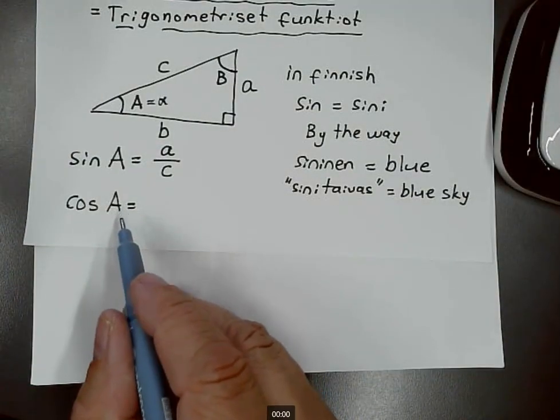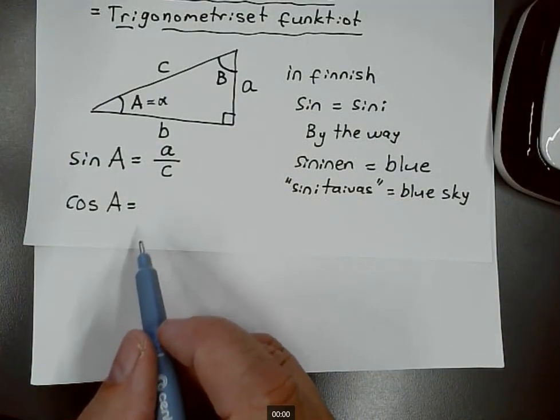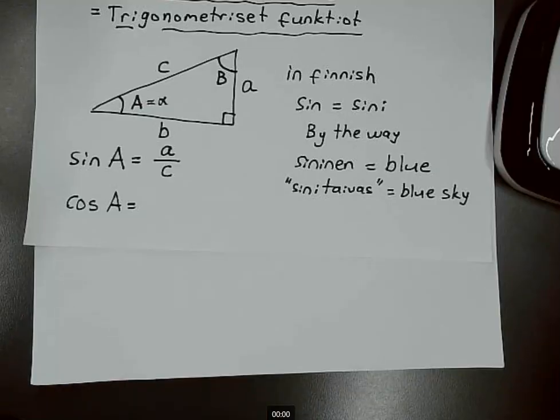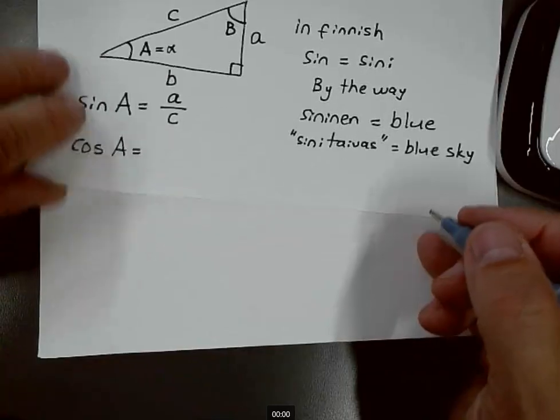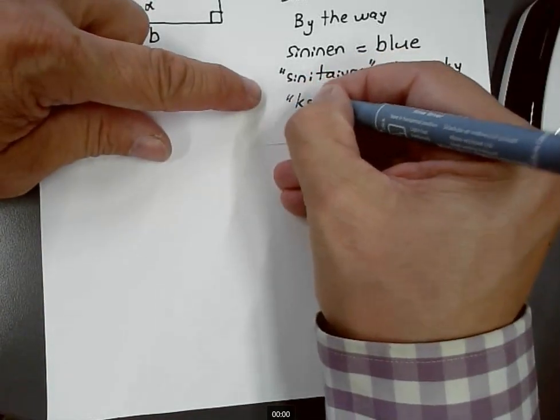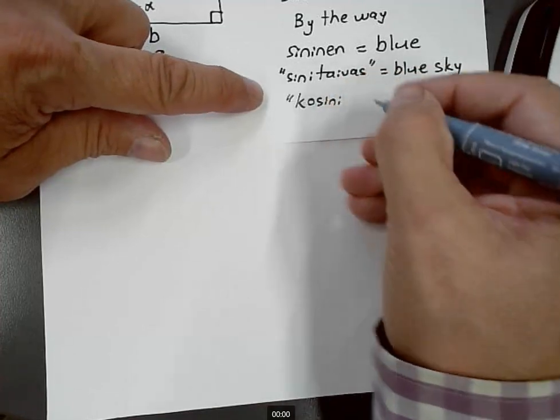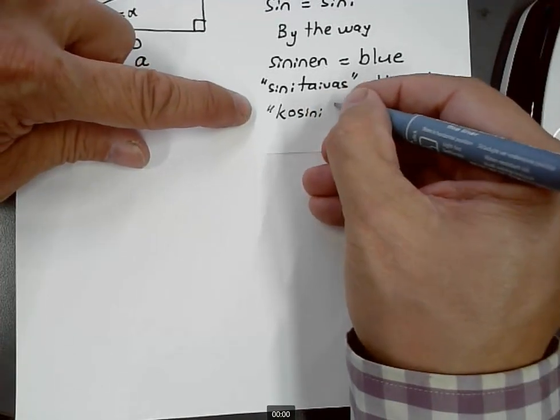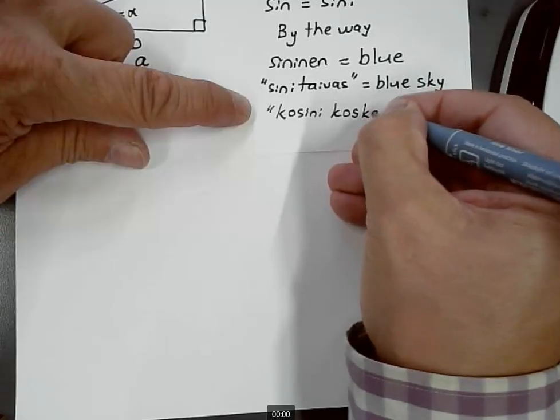It is easy for me to remember in the Finnish language when we say koskettaa. We have this memory rule in Finnish mathematics, kosini koskettaa.